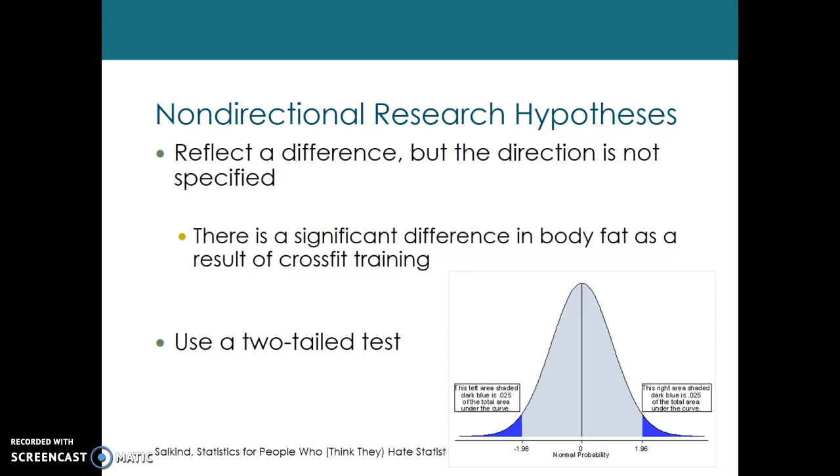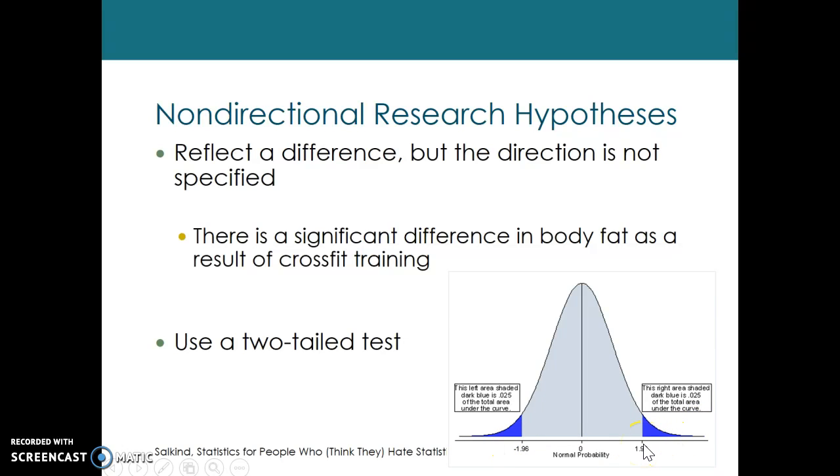There is a significant difference in body fat as a result of CrossFit training. So I'm not telling you what's going to happen to body fat. I'm just telling you that CrossFit training is going to make a difference in body fat. And it is a two-tailed test, meaning that we are looking for significance on either end of the curve.